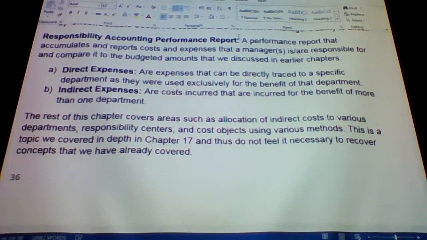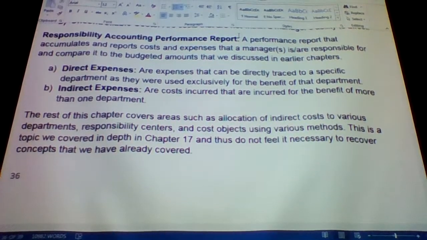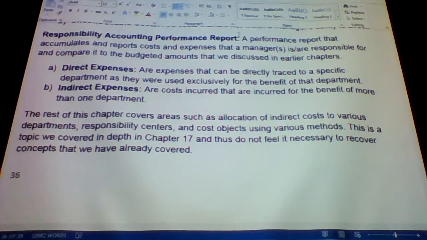They want to know how good this guy is at managing, or how good this young lady is at managing their department. One of the ways they do that is by running these responsibility accounting reports and comparing the results.